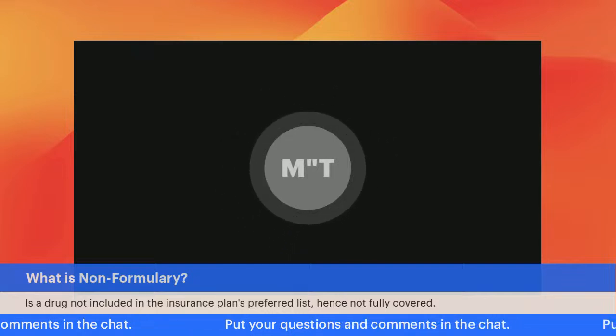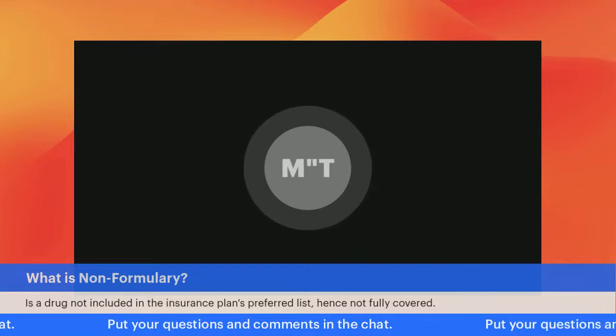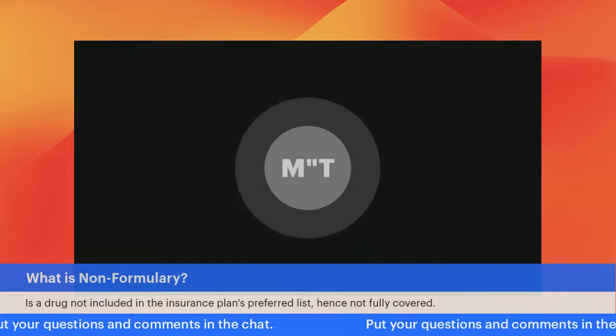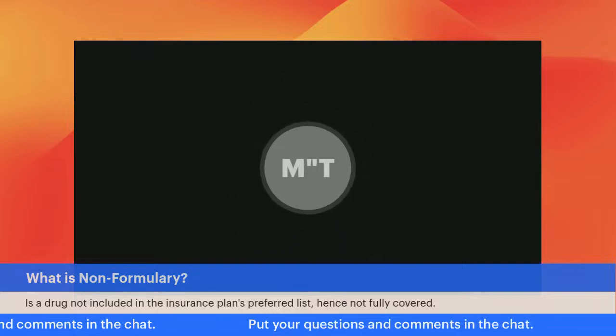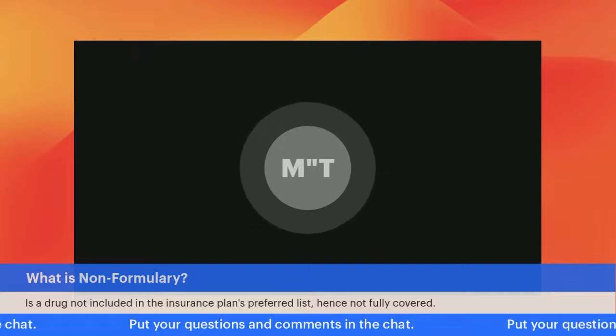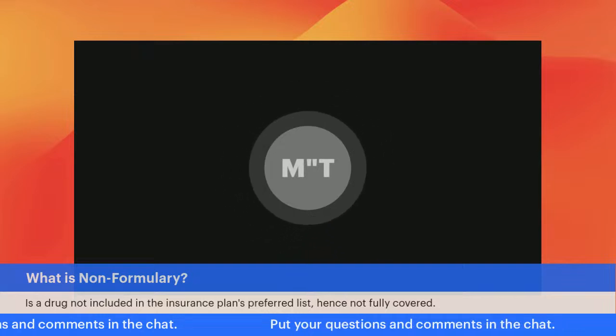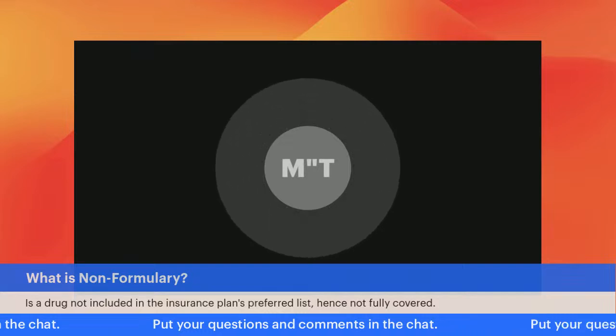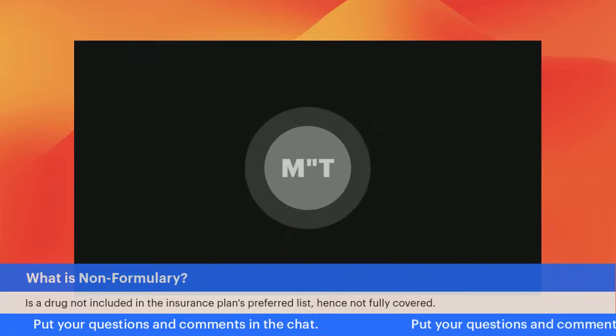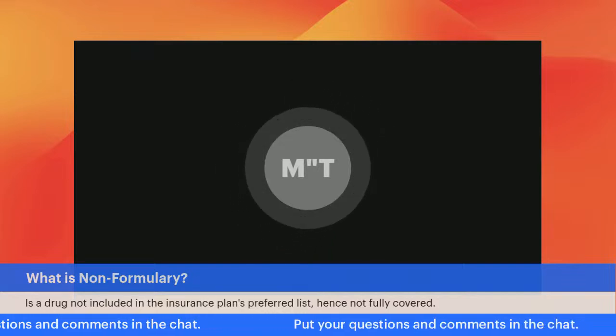So what I need everybody to understand is that if it's a non-formulary, there's a great likelihood that you will, in most cases, pay a greater percentage.